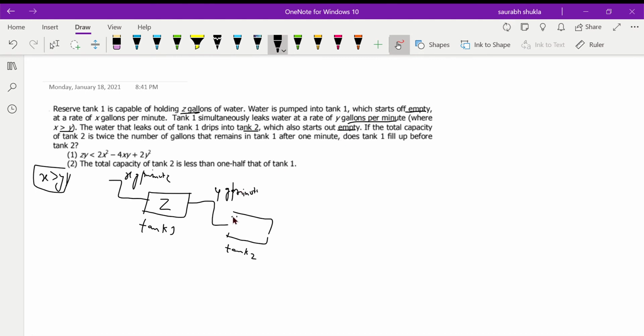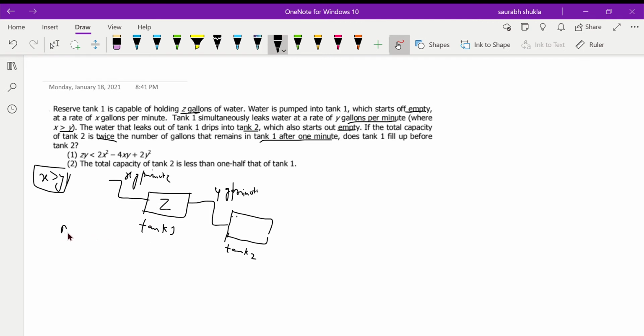The total capacity of tank 2 is twice the number of gallons that remains in tank 1 after 1 minute.